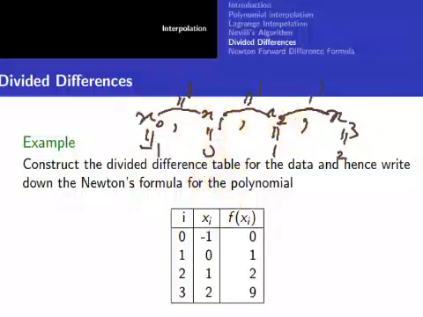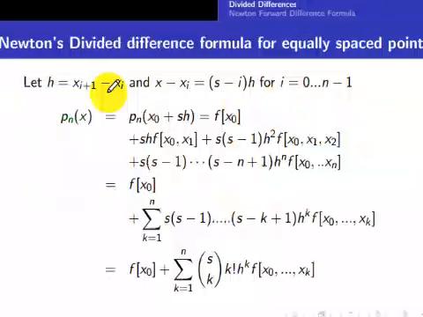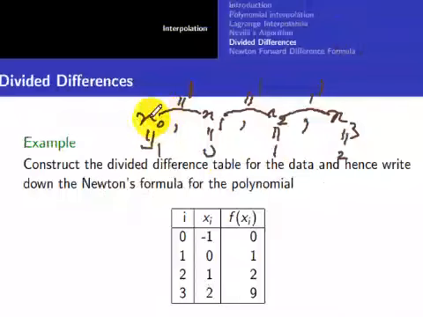So these x's are called equally spaced points. Now we are going to find the Newton's divided difference polynomial for this case.